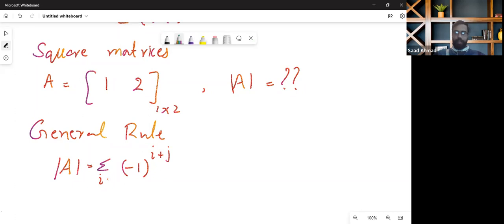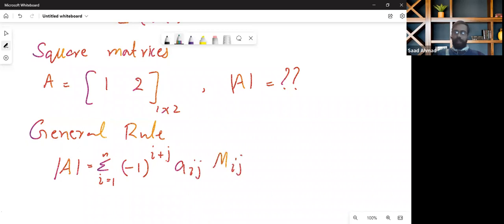So the i's are the row, it starts from 1 and goes up to the end. The n is how many rows or columns are in it. So like that. And then i plus j, a i j, and m i j.